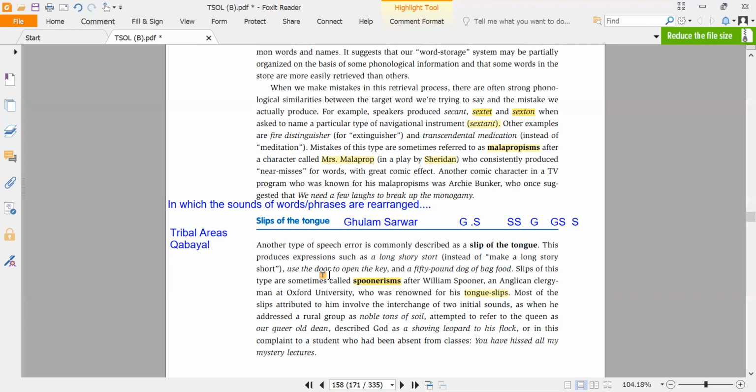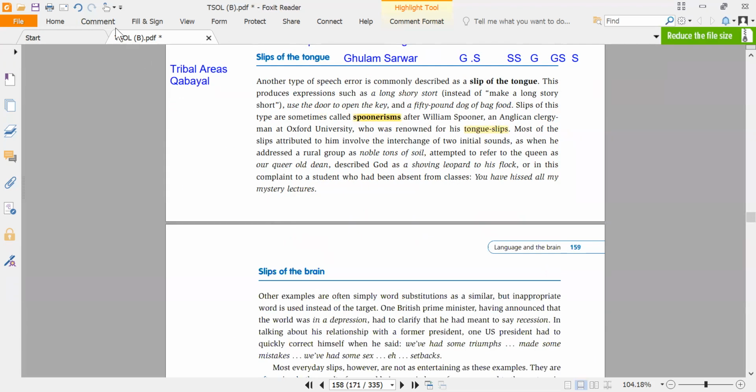For example, if someone says, "know your blows," the person may say, "blow your nose." Let me type these examples here. Know your blows, right? So the person may say, blow your nose.